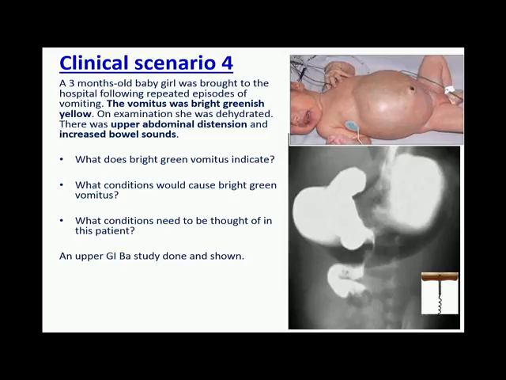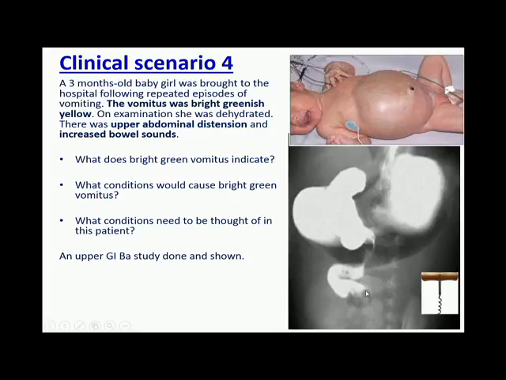This is how it appears. You can see this is the stomach, and it is distended. Sorry, that's the stomach and that's the duodenum. You can see that it's grossly distended, and a small amount of barium is passing into the distal part of the gut.